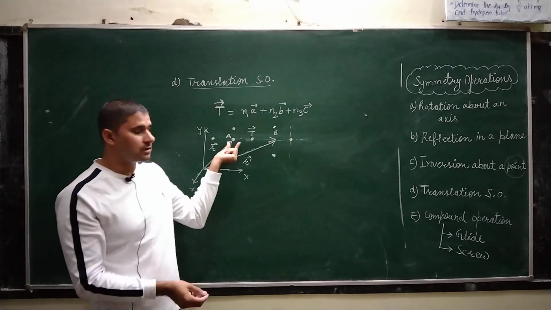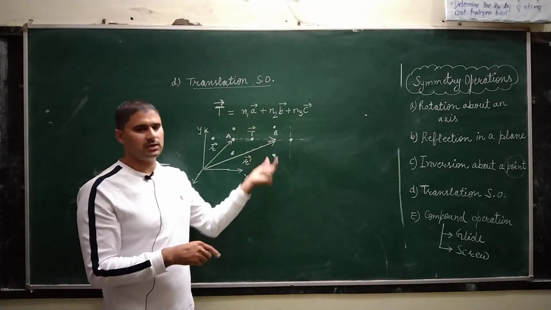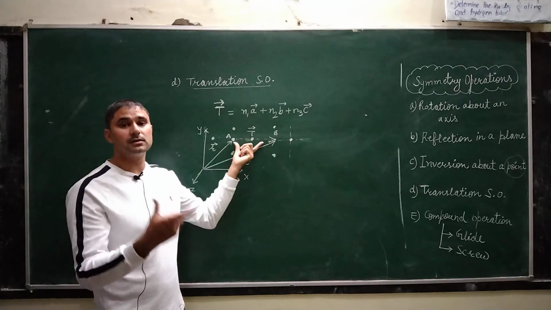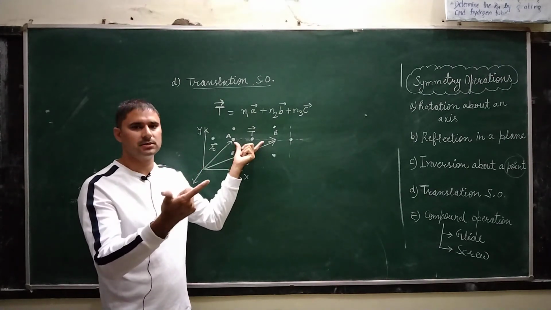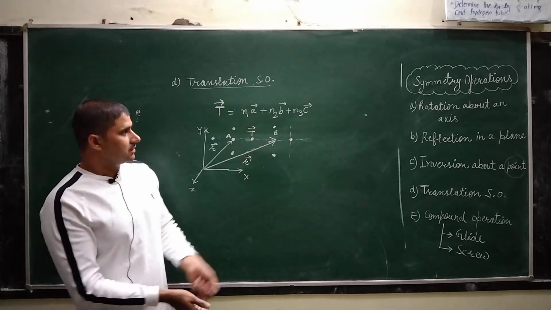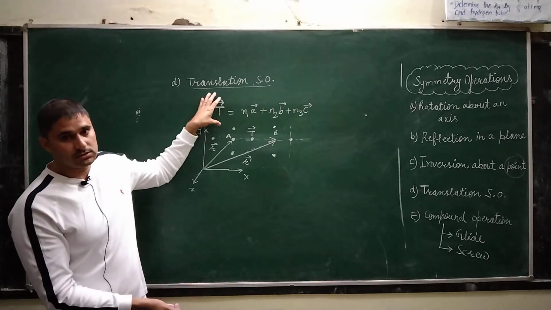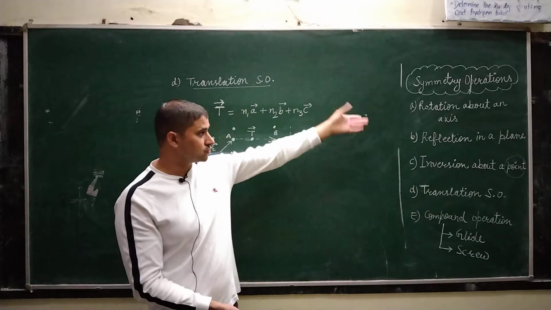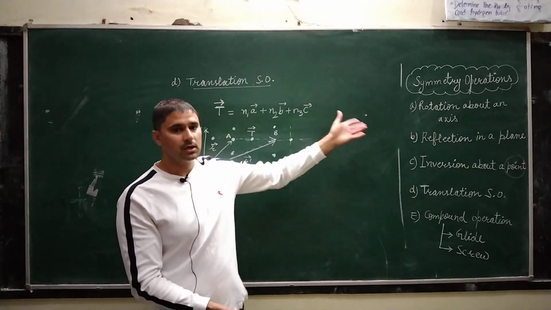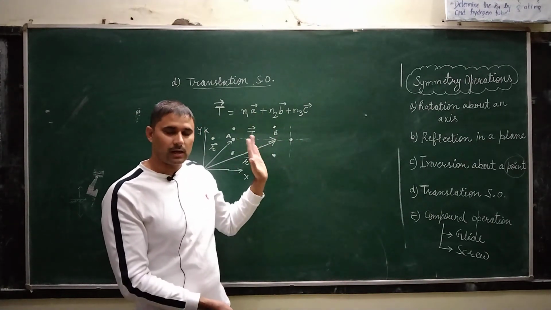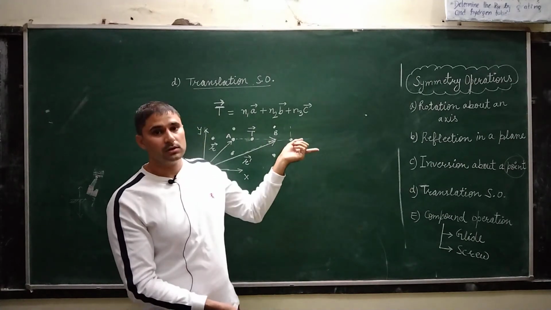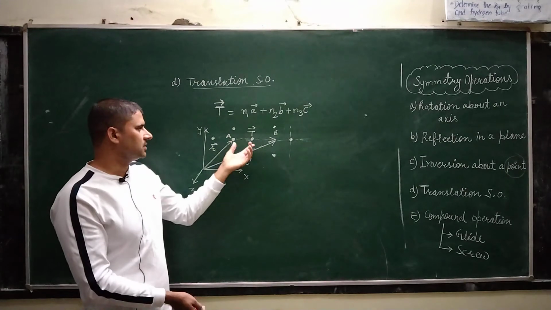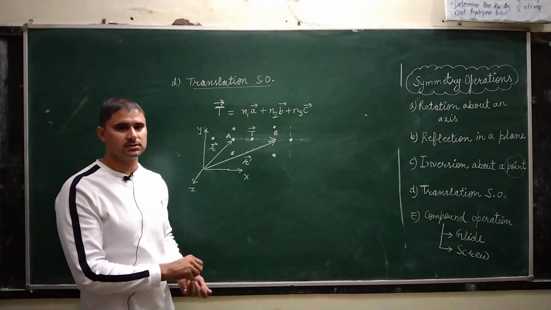So the surrounding of A and the surrounding of B is the same. The translation vector is applied between two lattice points. This is one of the differences between the translation symmetry operation and the rest of the operations. The rest of the operations were applicable about a plane, a line, or an axis passing through a lattice point, whereas the translation vector is between two lattice points.